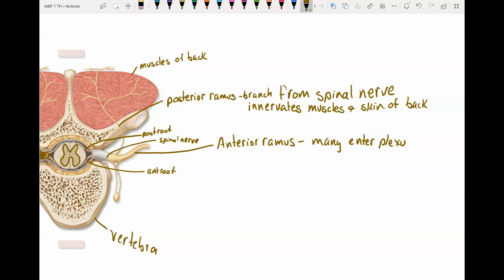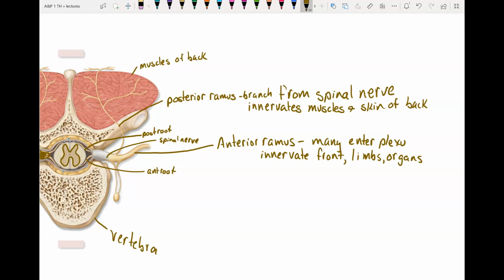Notice it's larger than the posterior ramus because it innervates more things. Your anterior ramus, these are what are going to innervate everything on the front side of your body, your limbs, and your organs. So all the muscles and skin of your front, your limbs, and your organs.